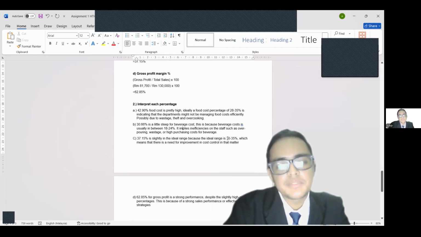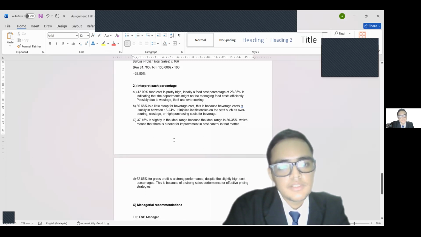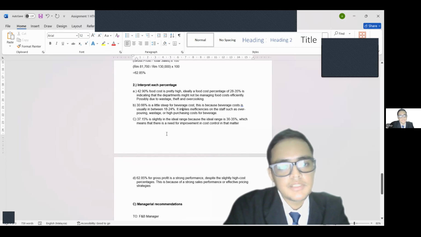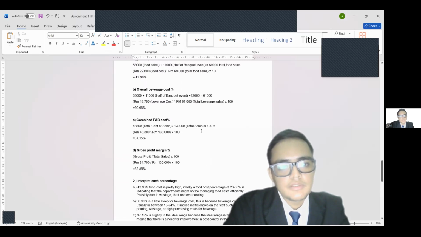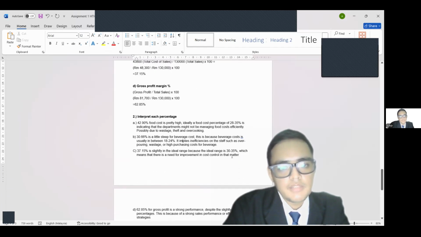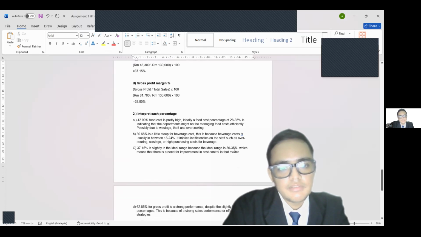And this also implies inefficiency of the staff through overpouring, wastage, or maybe high purchasing costs for beverage. The 37.15% combined F&B cost is not in the ideal range because the ideal range is 30 to 35%, which means there is a need for improvement in cost control in that area.